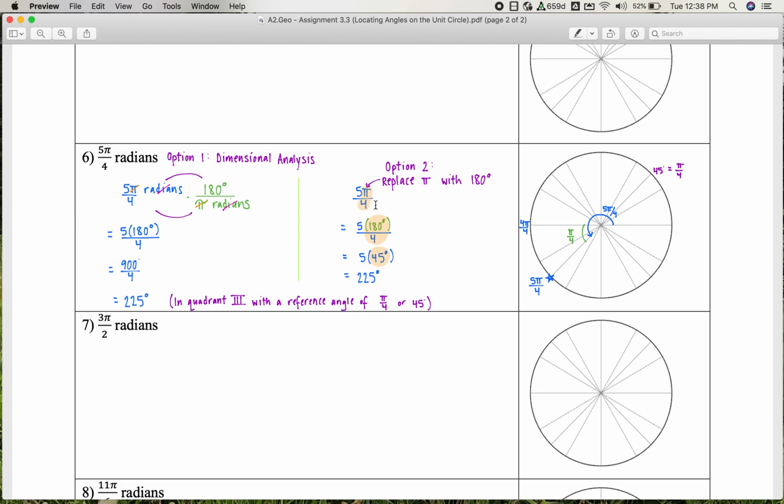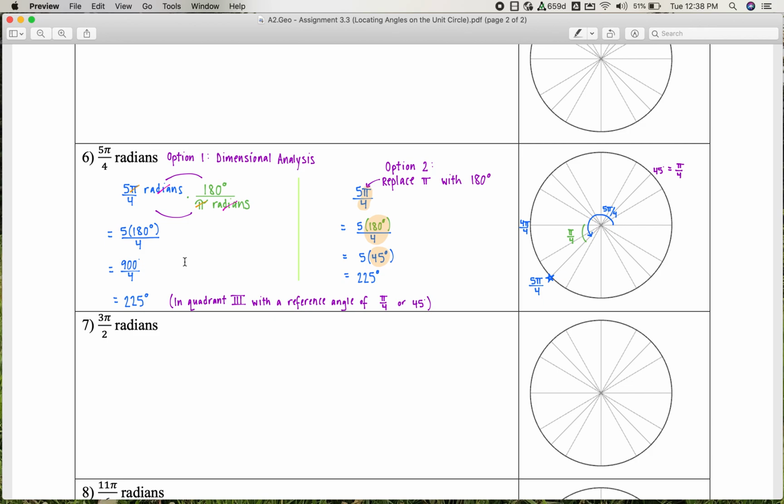Pi over 4 really just means I have a half circle, which is pi, cut into 4 equal parts, or in other words, 180 degrees cut into 4 equal parts. If I cut 180 into 4 equal parts, I get 45. And now that 5 just tells me to do that 5 times. So 5 times 45 lands on that same 225 that I got using the dimensional analysis method.